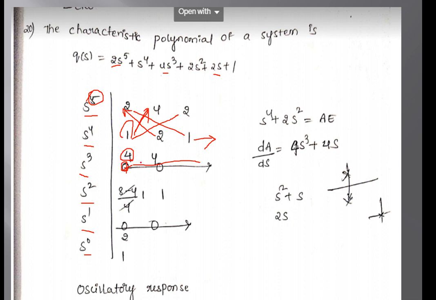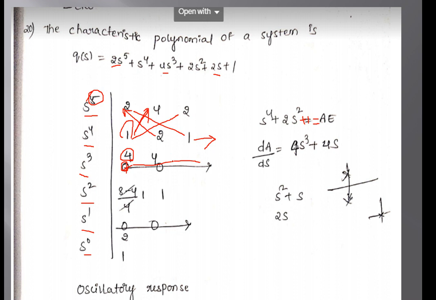The row which is above the row of zeros is taken as the auxiliary equation. Here AE is nothing but auxiliary equation.